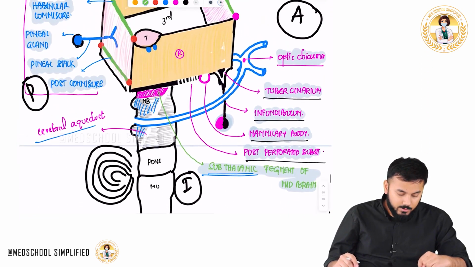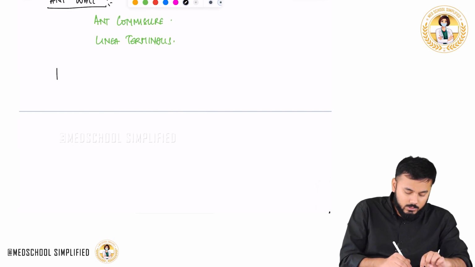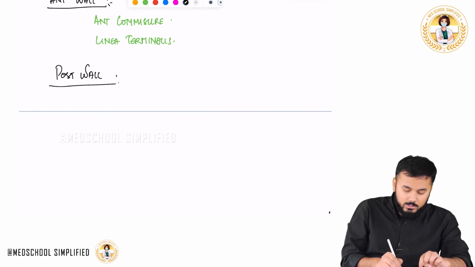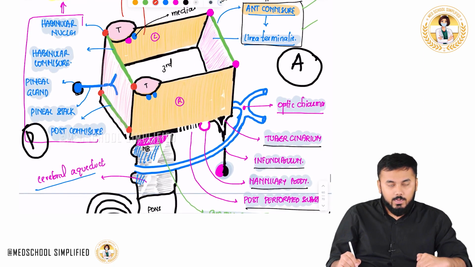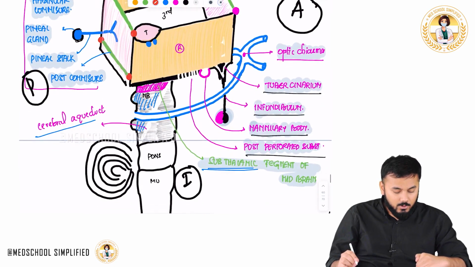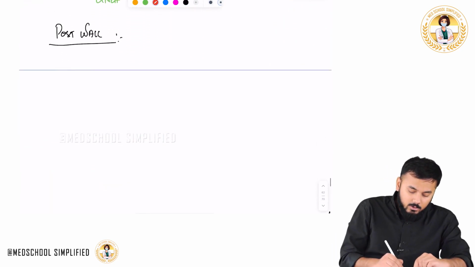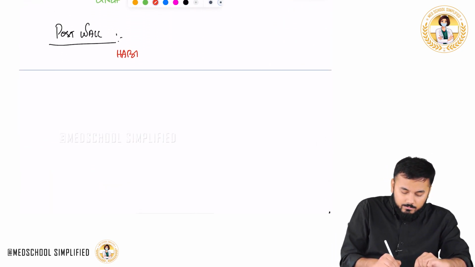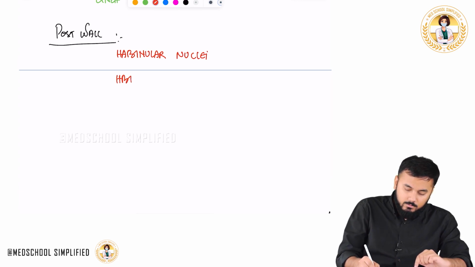After the anterior wall is done, we have got the posterior wall. Let us see what structures form the posterior wall. We have got the habenular nuclei, the habenular commissure, the pineal gland, the pineal stalk and the posterior commissure. So let us write it down. We have got the habenular nuclei. Next we have got the habenular commissure.